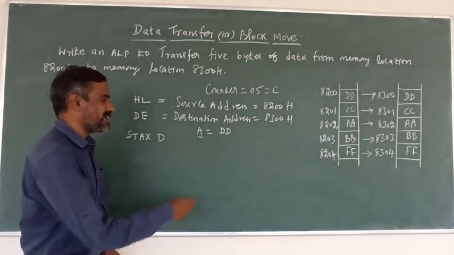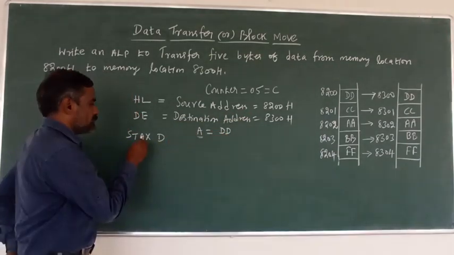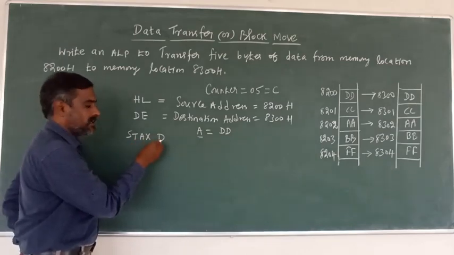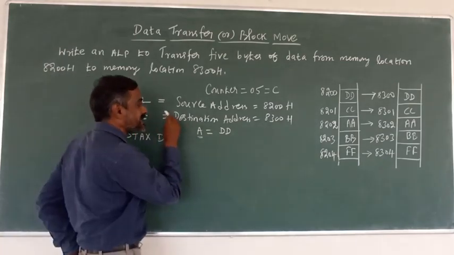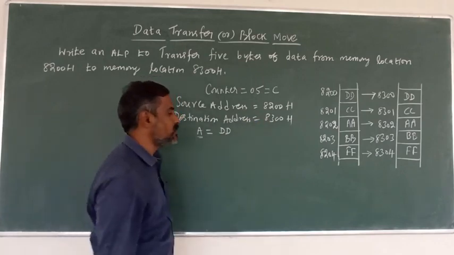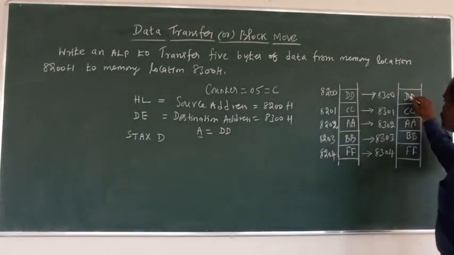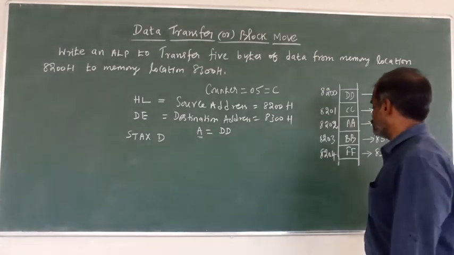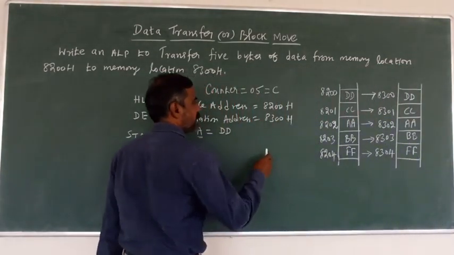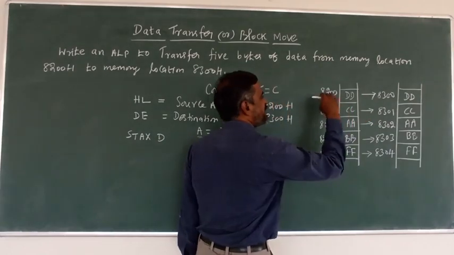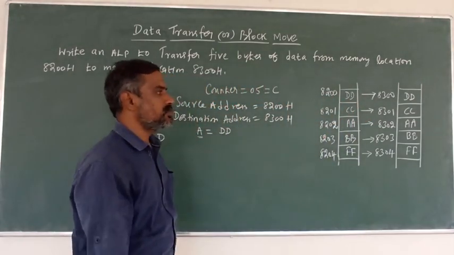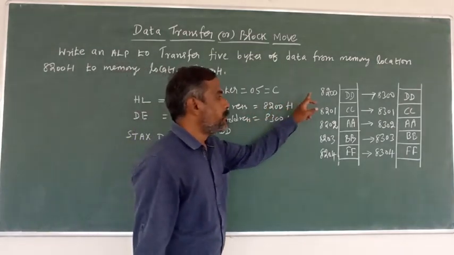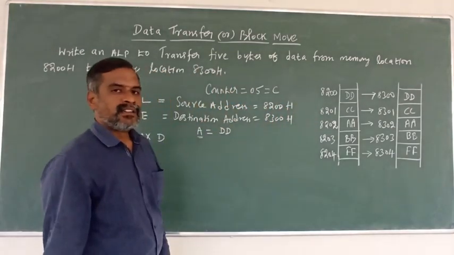Now the A register data DD is stored at the DE register address 8300. After that, the first data is transferred from 8200 to 8300.